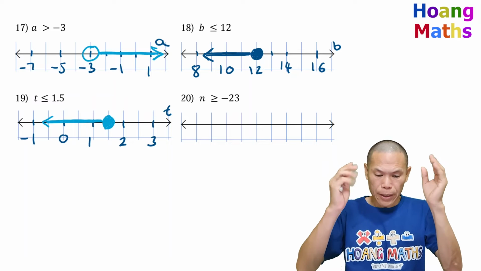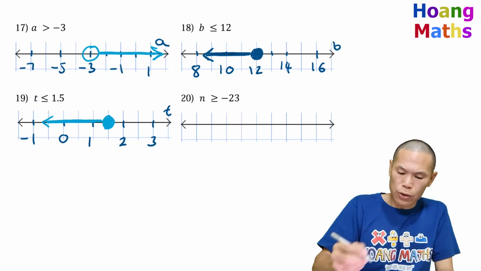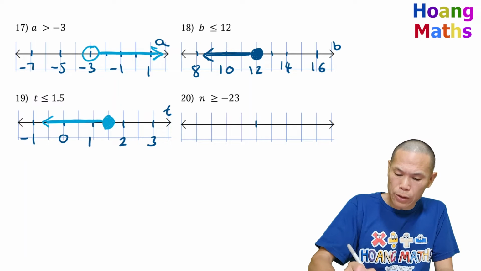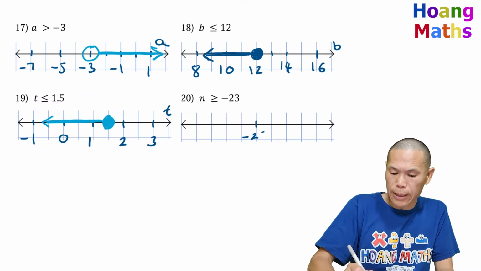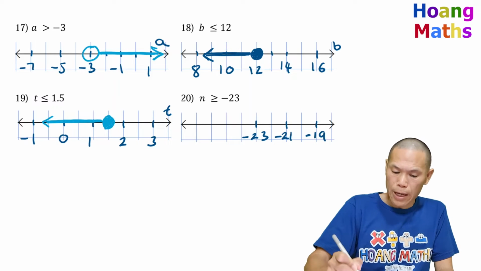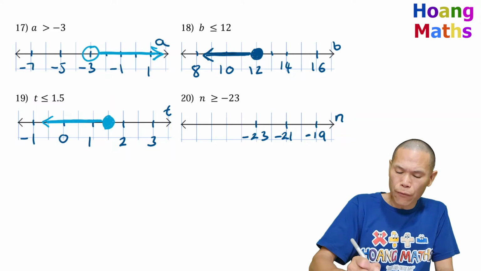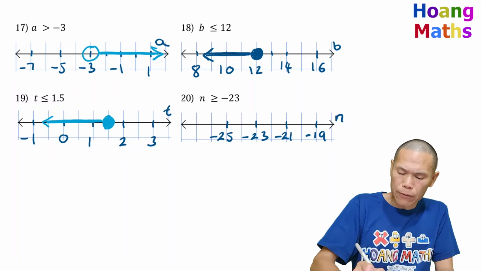Now, n is greater than or equal to negative 23. So we start negative 23 over here somewhere. Negative 22, negative 21, negative 20, negative 19. Of course, this is n. And on the left-hand side, negative 24, negative 25, negative 26, negative 27.